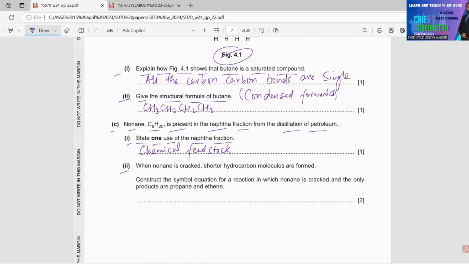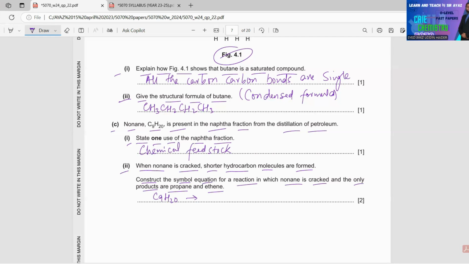Number two, when nonane is cracked, shorter hydrocarbon molecules are formed. Construct the symbol equation for a reaction in which nonane is cracked and the only products are propane and ethene. So the formula of nonane is given, which is C9H20, and they said the only products are propane. Propane means 3 carbon and it belongs to alkane family.